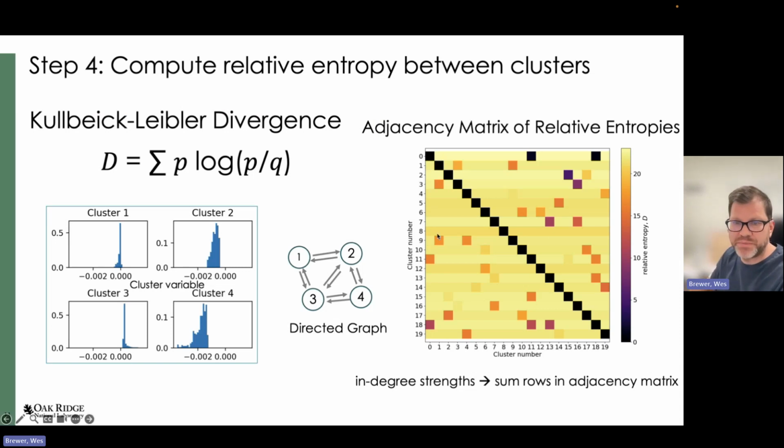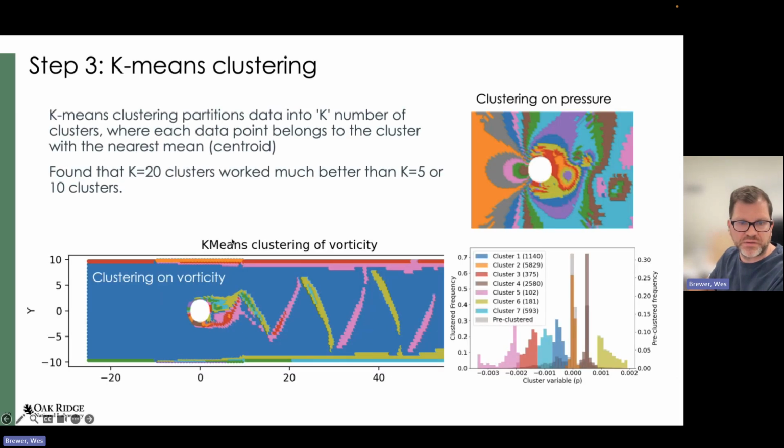But before that, I wanted to mention, and this is really the heart of this approach, that this is going to measure how much two different clusters differ. If you think of the case where we have k-means clustering on vorticity, you can imagine how much the green cluster is going to differ from the background cluster.